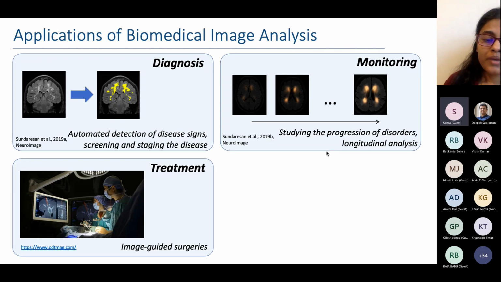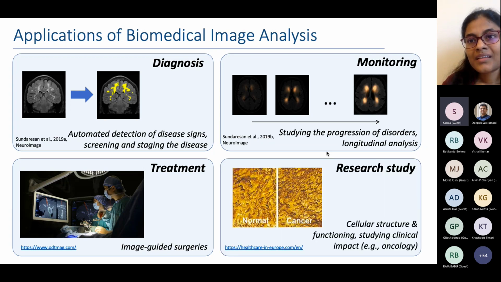And then treatment. The main thing here is image guided surgeries. This is also receiving very high consideration in recent years, and this field is growing quickly. In image guided surgeries, surgeons get real time feedback on monitors of the areas that they are operating on, so that they can do it with much more precision.